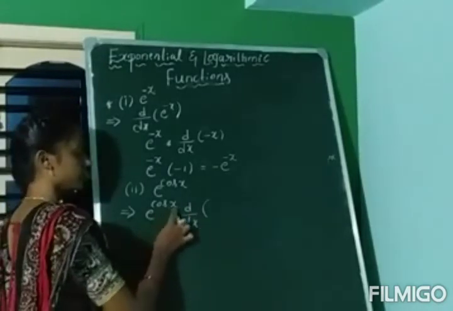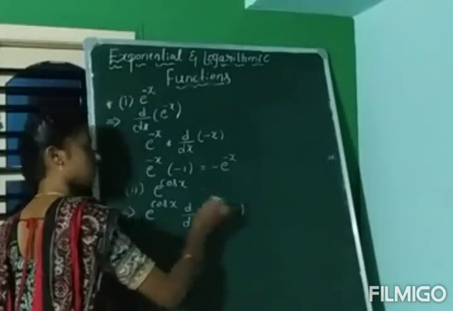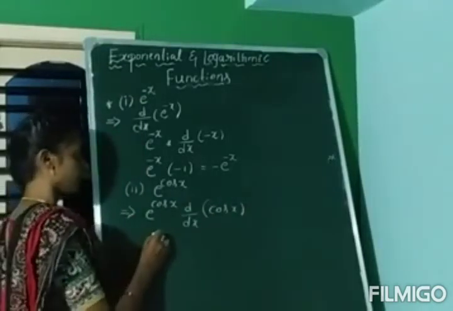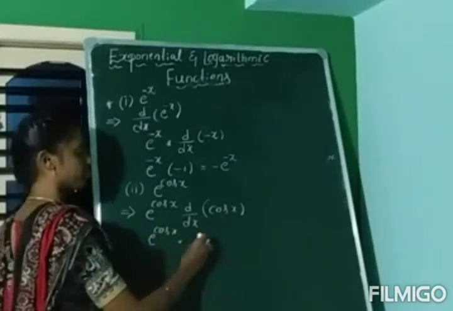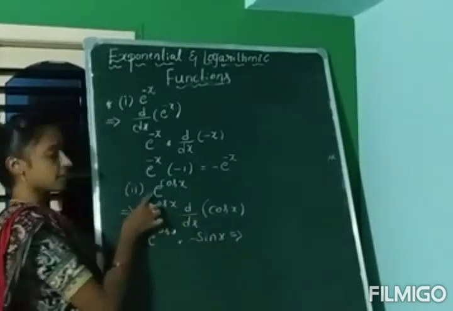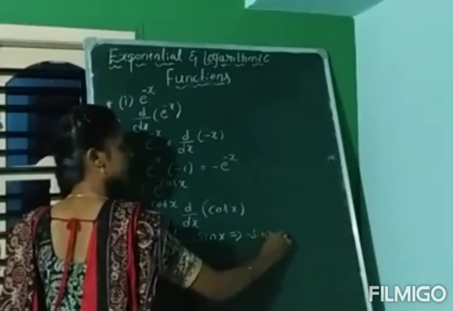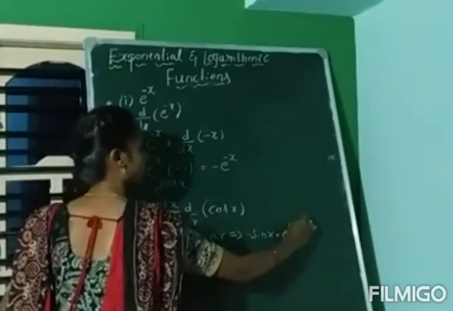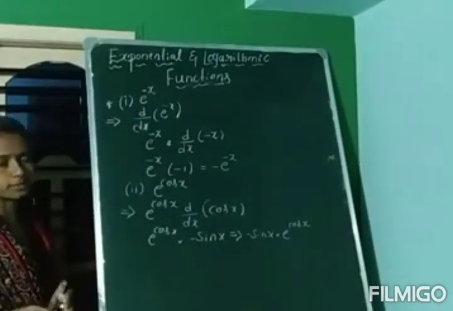The power of e is a trigonometric function, cos x. The derivative of cos x is minus sin x. So the derivative of e power cos x is minus sin x into e power cos x. Hope you guys are getting these points.